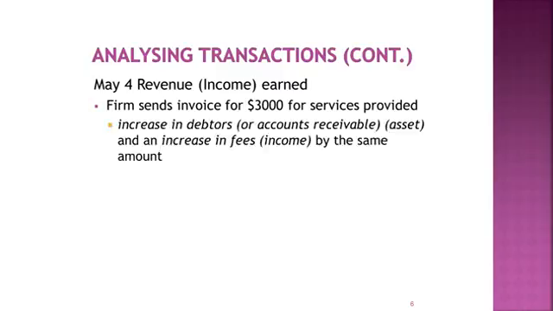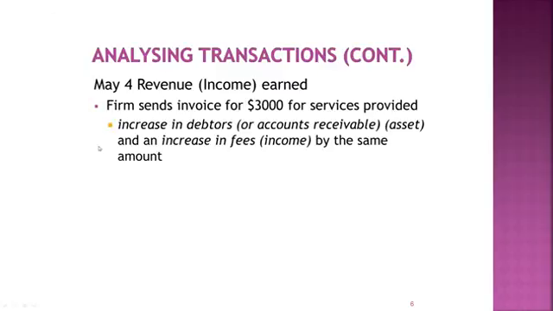So we have an increase in our account debtors or accounts receivable, which is an asset, and an increase in our fees or service revenue account, which is an income account. And it's for the same amount. The increase in our accounts receivable is $3,000. Increase in the revenue on the other side is $3,000.